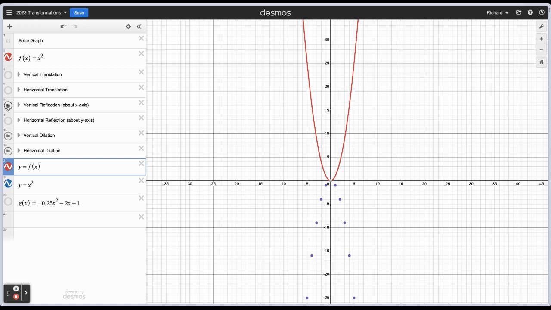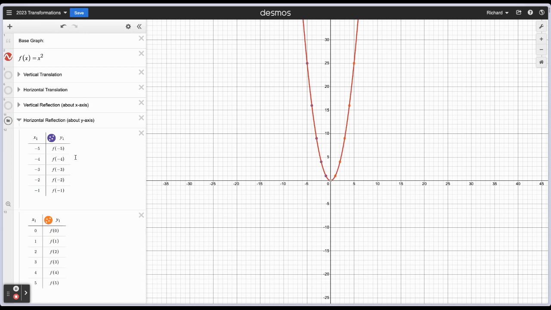So I'll turn those dots off and I'll turn these dots on. And what I have here is I've color coded them for a reason, but effectively I've got the same range of numbers. I've got -5 to 5, and I've got f of -5 to f of 5. So these match up. But this time I'm going to keep the y coordinates the same, and I'm going to convert these to negative.